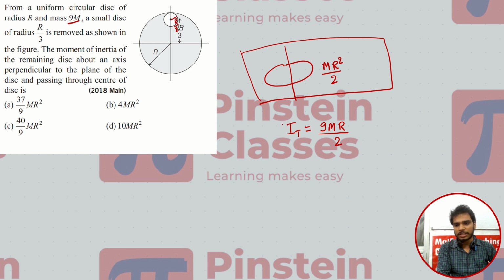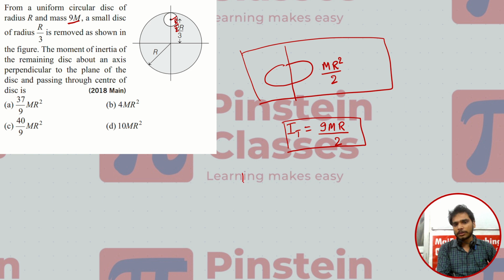This will be the moment of inertia of our total disk. Now the concept here is, we just subtract the moment of inertia of this cutout portion from this total moment of inertia, and we have done.